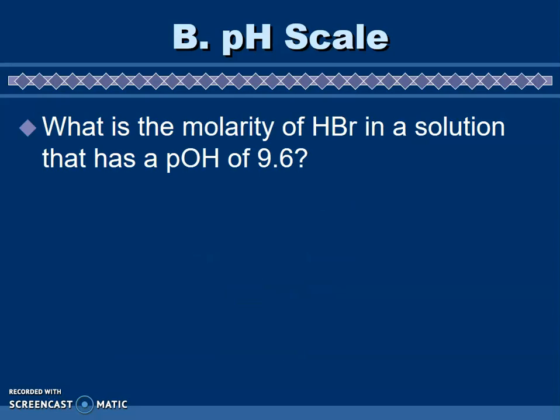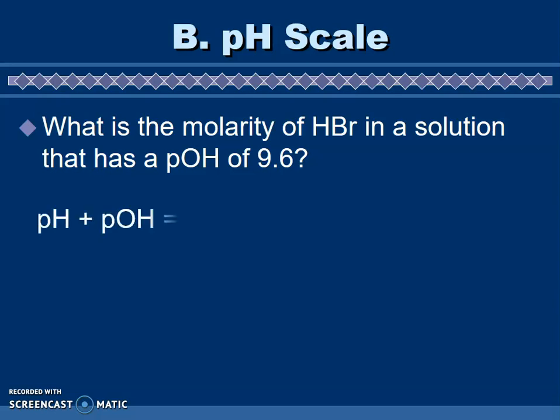All right. What if we want to do it the other way? We want to figure out the molarity, the concentration. So what is the molarity of HBr in a solution that has a pOH of 9.6? We have to be careful here because we have a pOH measurement and we're talking about an acid, HBr.